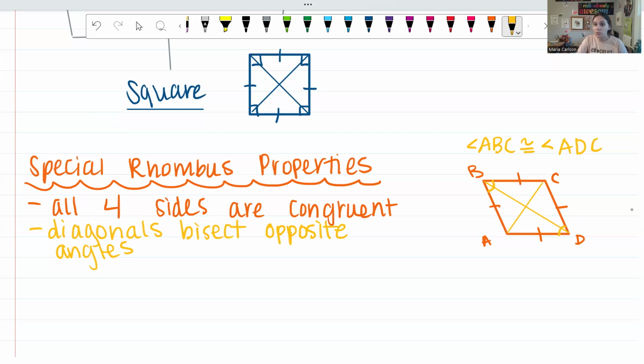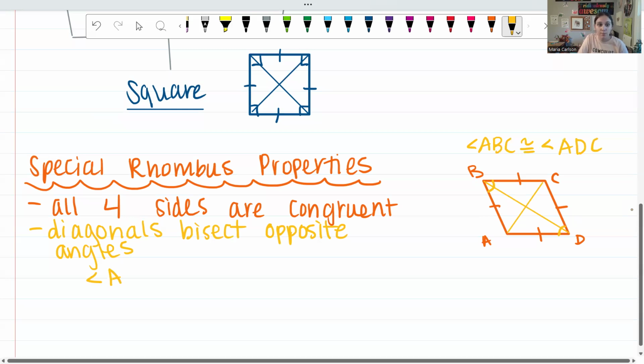But we also know that angle ABD, this small portion, this half of the angle, is congruent to its opposite side. So angle ABD is congruent to angle DBC or CBD.